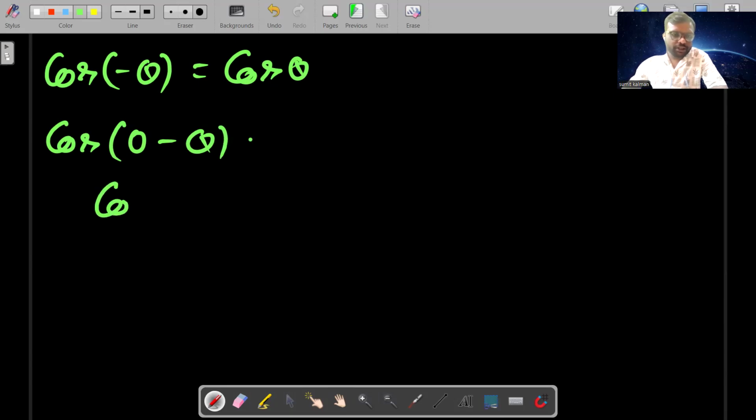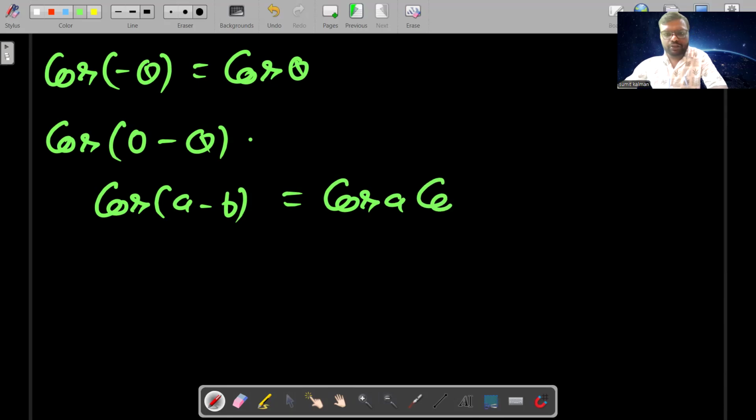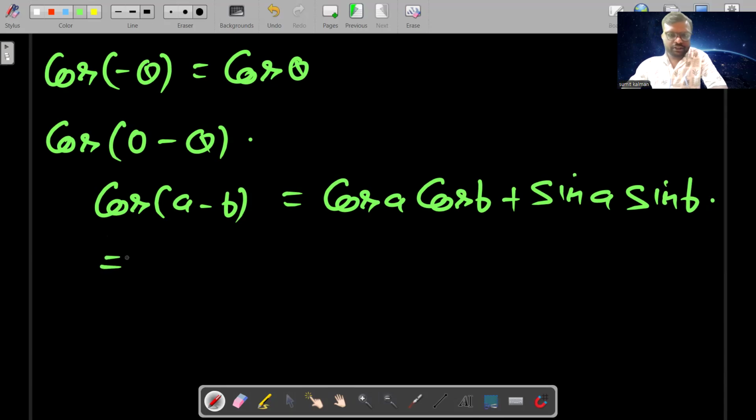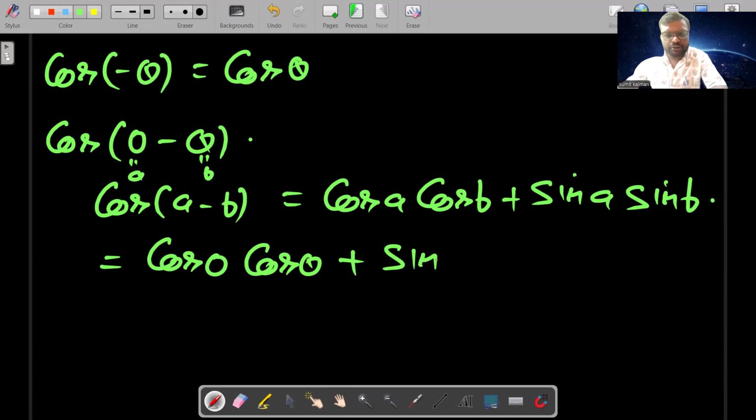There is one formula that we all know, cos A minus B equals cos A into cos B plus sine A into sine B. It is A and it is B. So here cos 0 into cos theta plus sine 0 into sine theta.